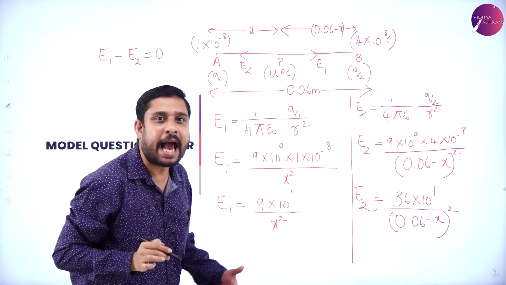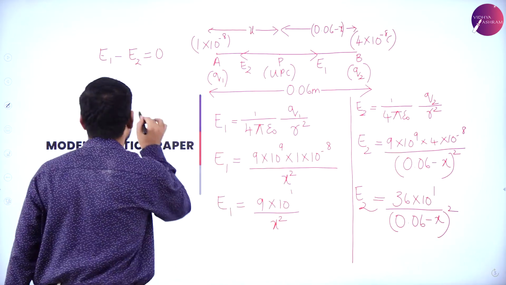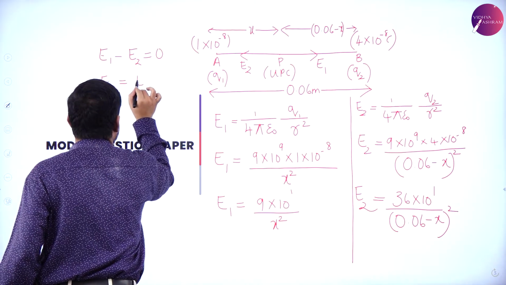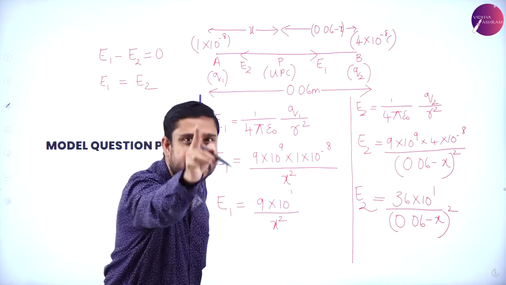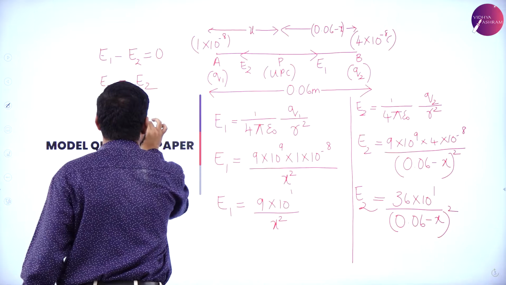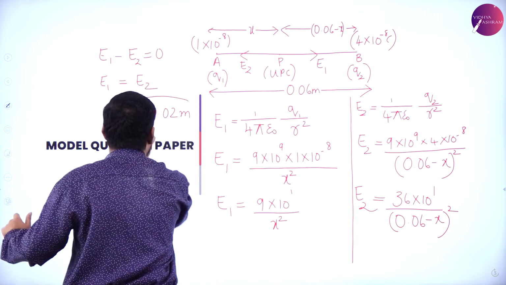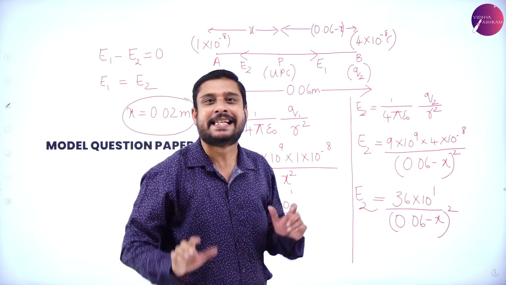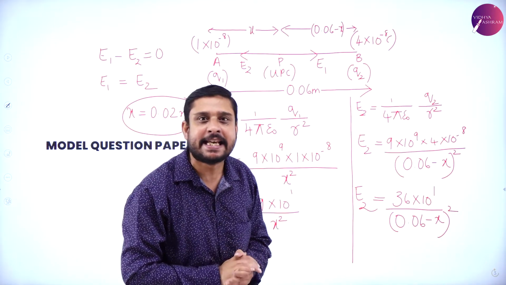Why? They are acting in opposite directions. Or E1 equals E2. On simplification, which is your task, x turns out to be 0.02 meters. So this is the distance where the electric intensity is 0.